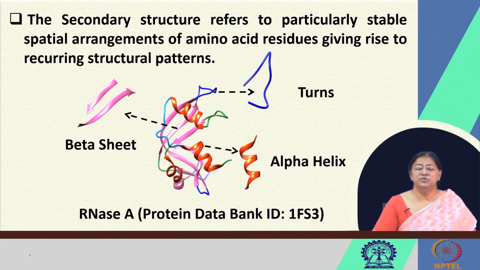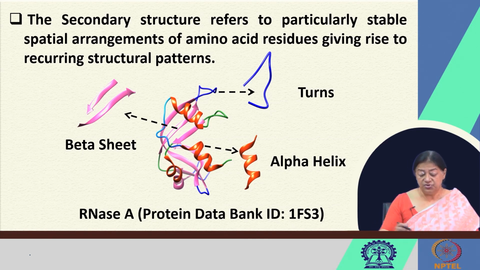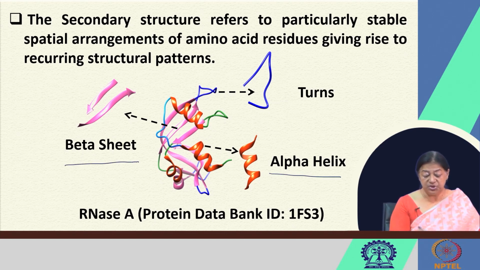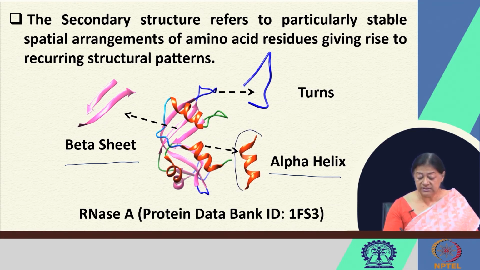One of these geometric patterns that is very unique is the formation of the secondary structures. This secondary structure can be what is known as the alpha helix or the beta sheet. What we see in this particular protein, ribonuclease A, is a segment of the protein that forms a specific geometrical pattern.